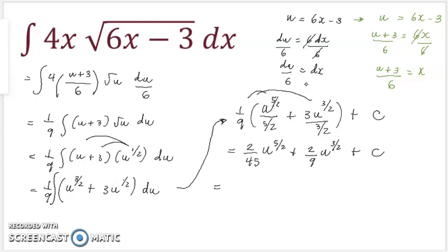And now at this point, we are going to replace the u's with 6x minus 3. So we got 2 over 45 times 6x minus 3 raised to 5/2 plus 2/9 times 6x minus 3 raised to 3/2 plus c.